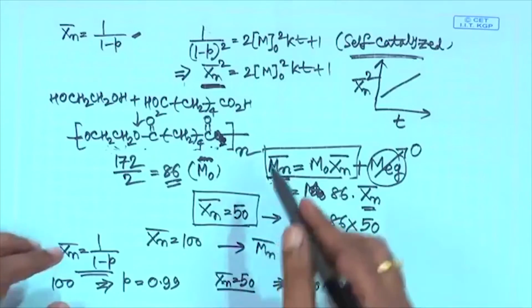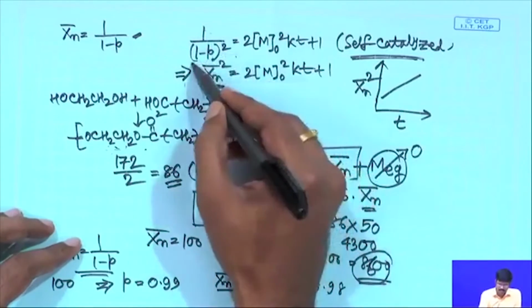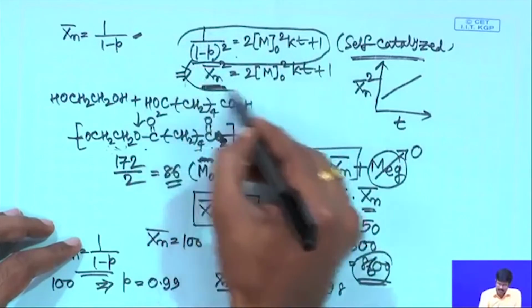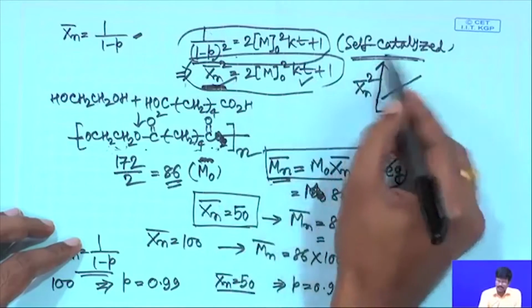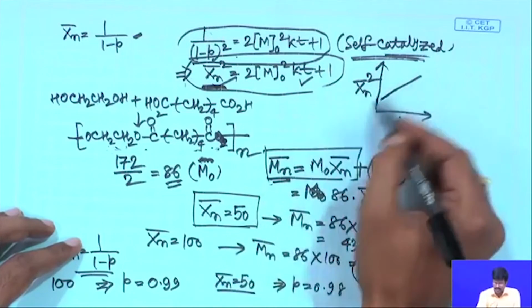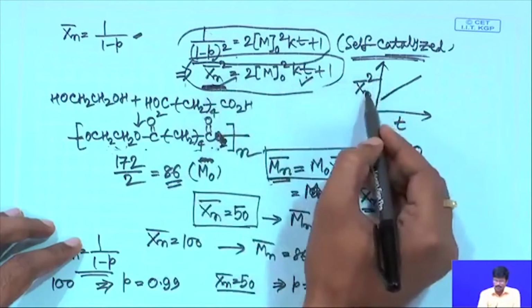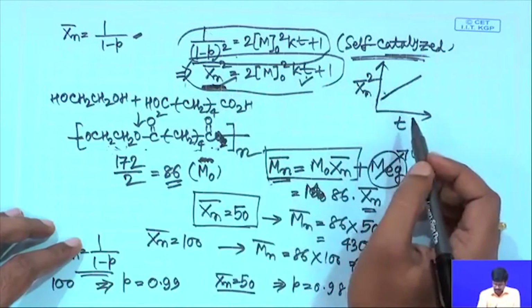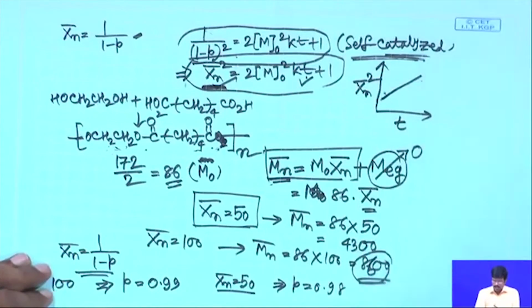If you remember, on the top of this particular page, this is the expression for how Xn bar squared is related to time for the self catalyzed reaction. That changes linearly with time, but it changes slowly because time is related to the second power of the degree of polymerization. So with time it will increase, but rather slowly.